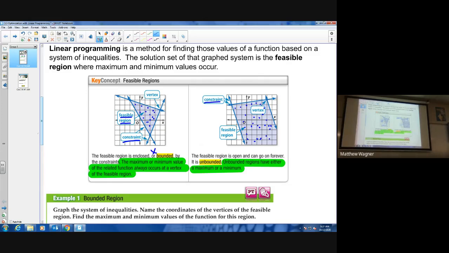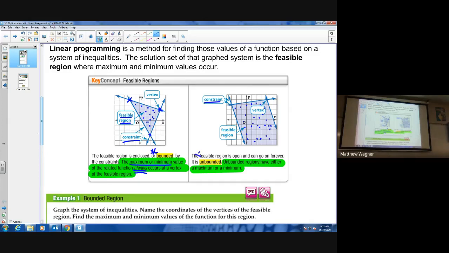With a bounded region, the vertices are where the maximum and minimum values occur. With a bounded graph, your maximum and minimum value will always occur at the vertex of a feasible region. Again, both a maximum and minimum value will occur at a vertex.